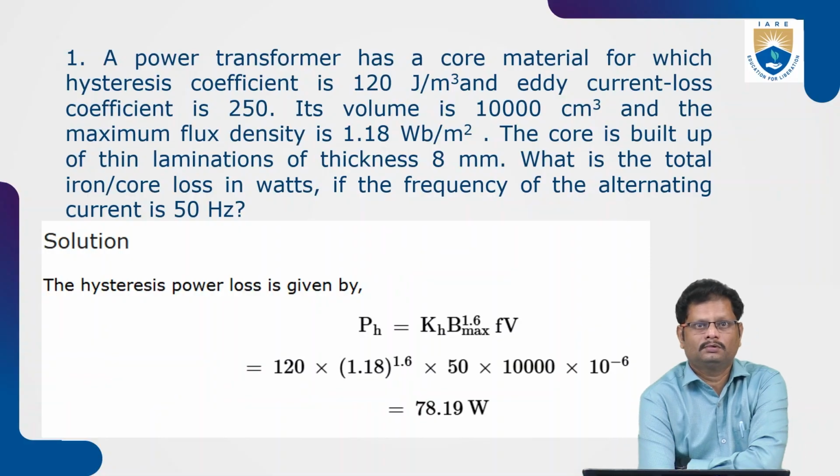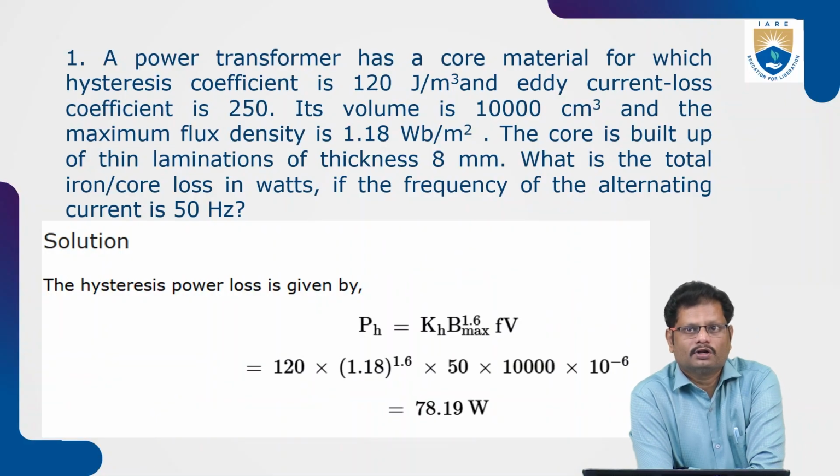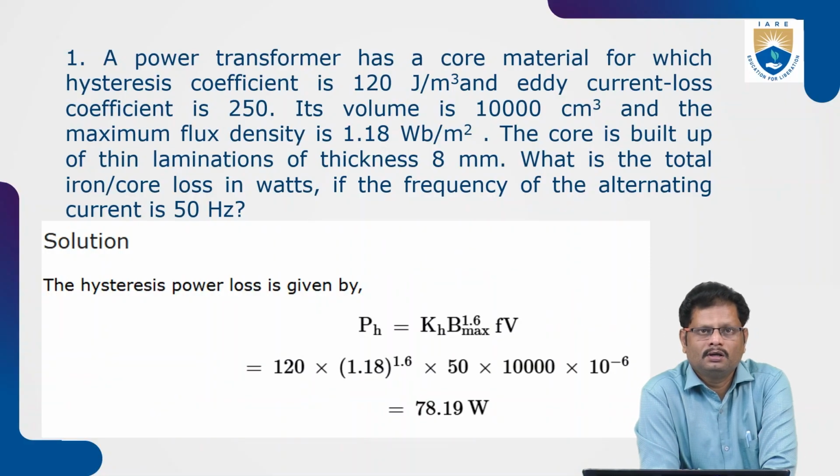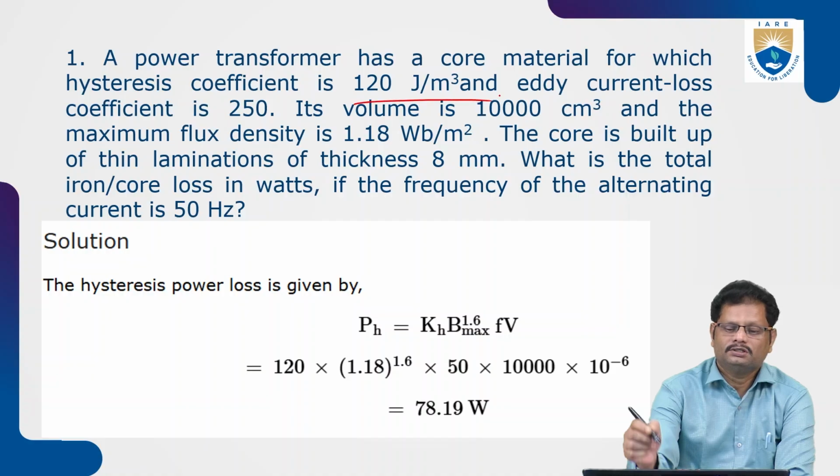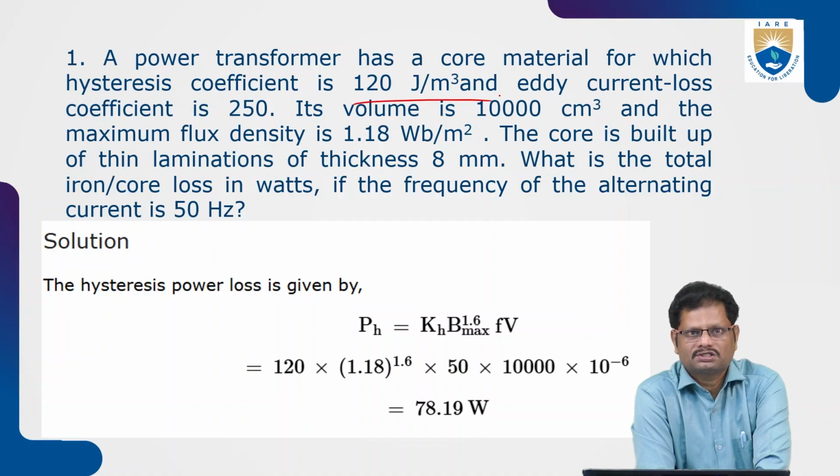So, we'll see one problem related to the losses and efficiency. Here, given a power transformer has a core material for which the hysteresis coefficient is 120 joules per meter cube and the eddy current loss coefficient is 250. Its volume is 10,000 cubic centimeters and the maximum flux density is given as 1.18 Weber per meter square.